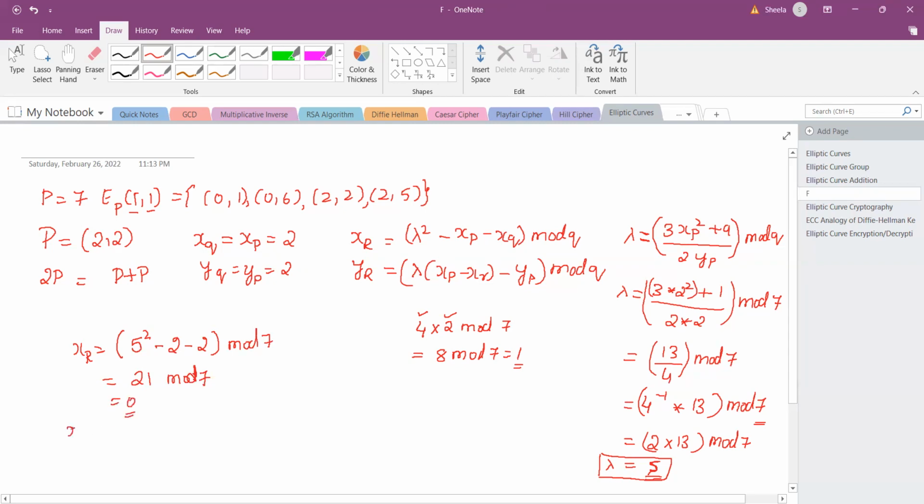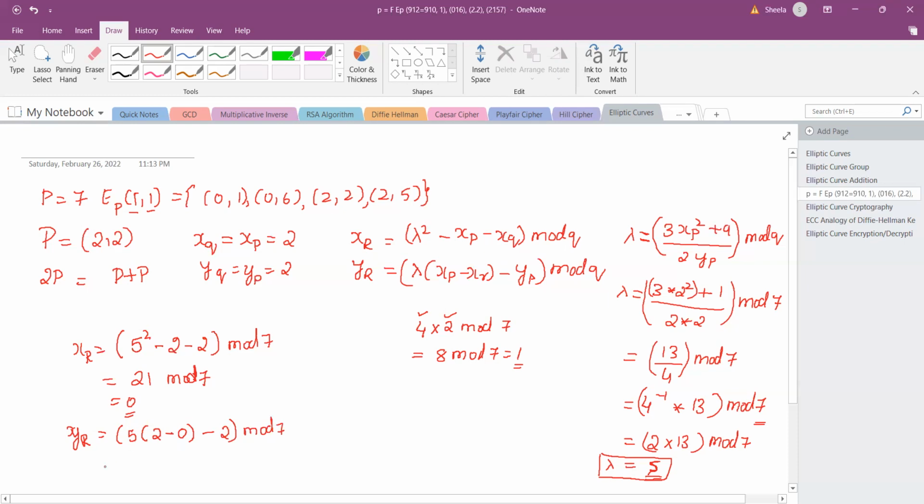And we are going to find yr. Yr is lambda into xp, which is 2, and xr, which is 0, minus yp, which is 2, mod 7. So here 2 minus 0 is 2.